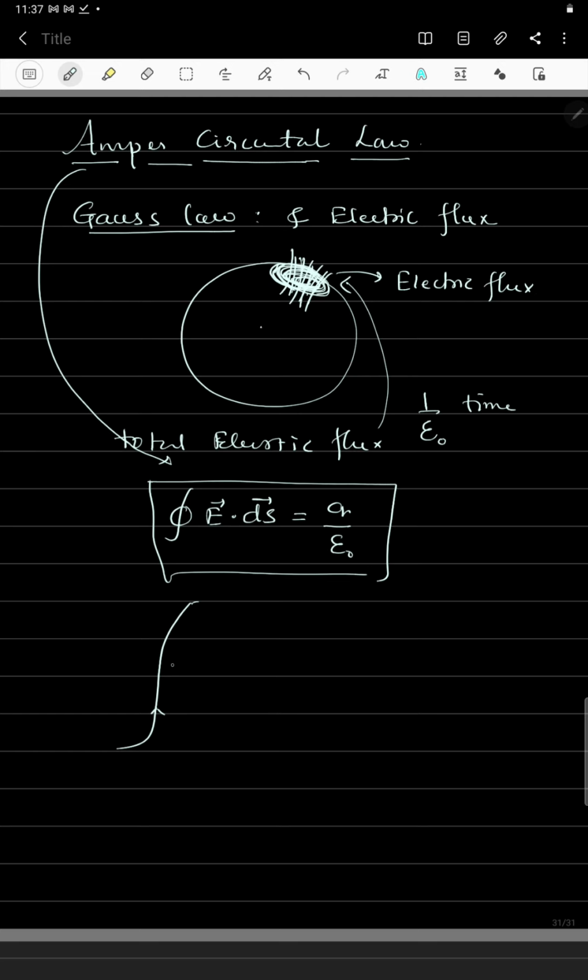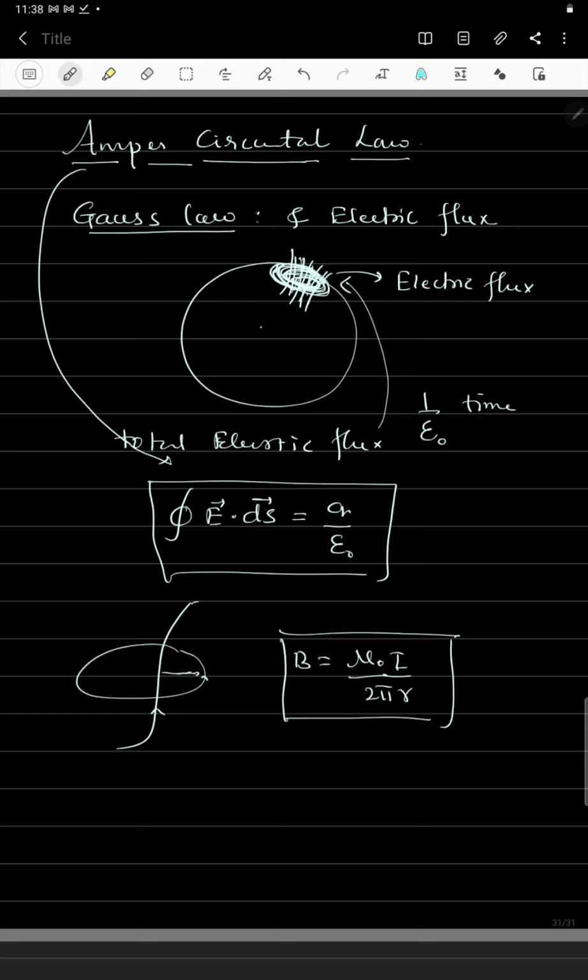Due to that current, a magnetic field is generated in the surroundings of that conductor, and at every point we calculated the magnetic field using B equals mu naught I divided by 2 pi r, or you may take x. So from this expression we calculate the magnetic field generated by the conductor.